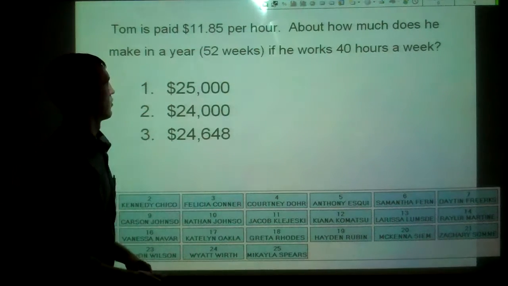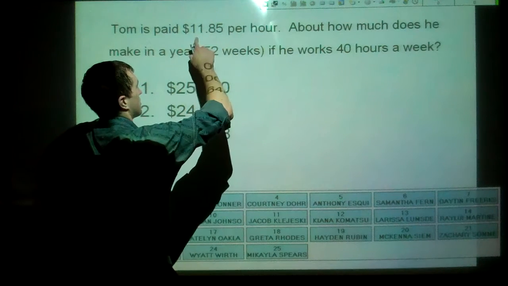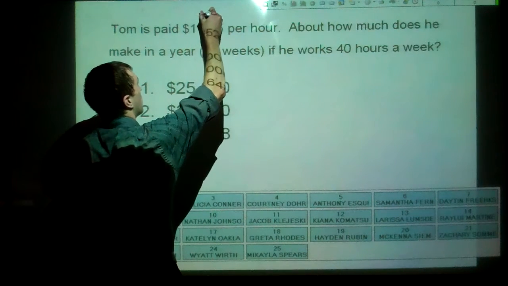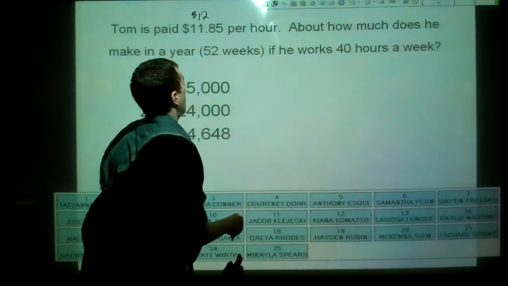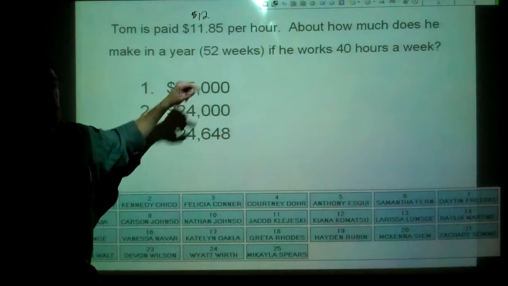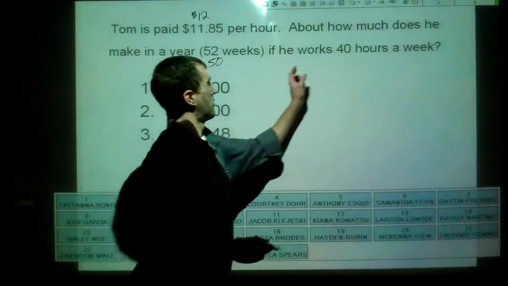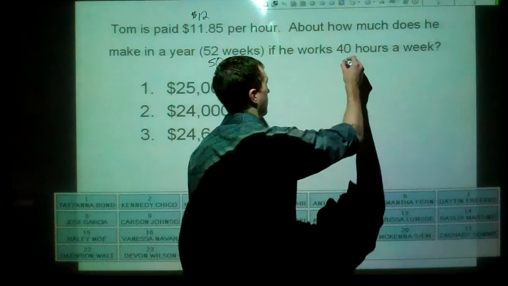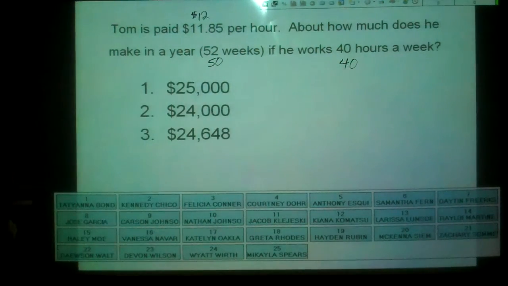They'll round this up to $12. So, 8 tells us to round this up. So we've got $12. They would even round this down to 50. And 40 can stay the same. 40 is already rounded to a nice number.